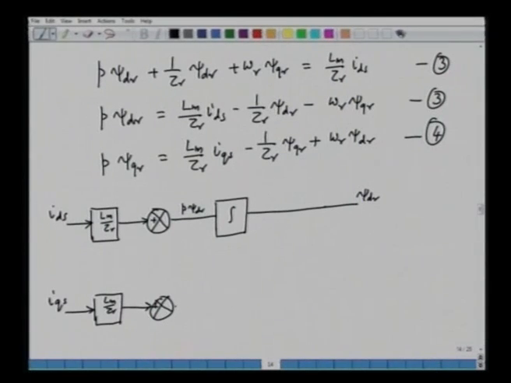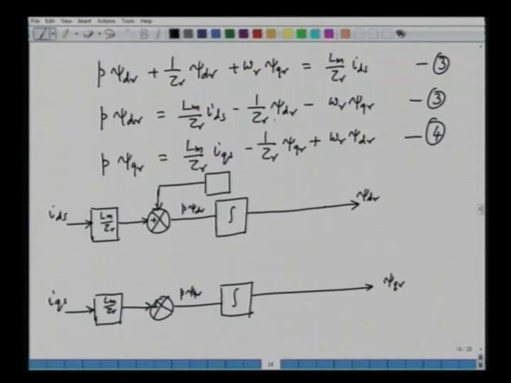Similarly, out of this we obtain P psi qr. We use an integrator here, and then what we obtain here is psi qr. And we have to do some readjustment in this case. Here is a feedback loop. We have to feed back the flux linkage, 1 by tau r, that is obtained from this.